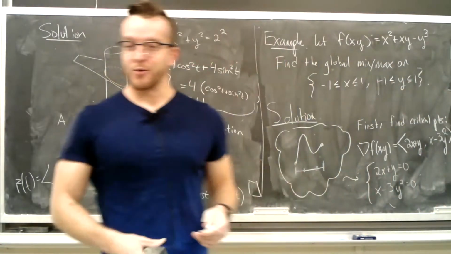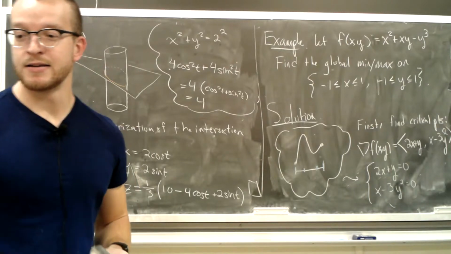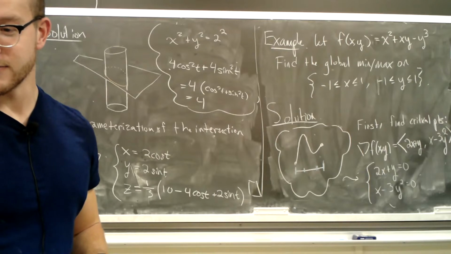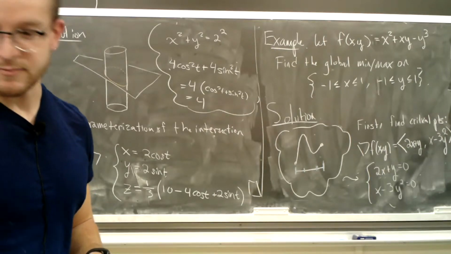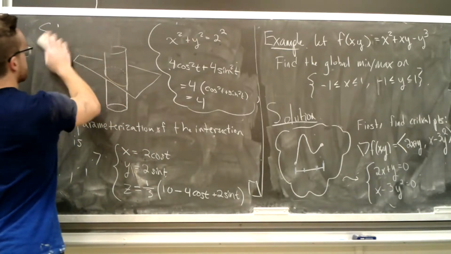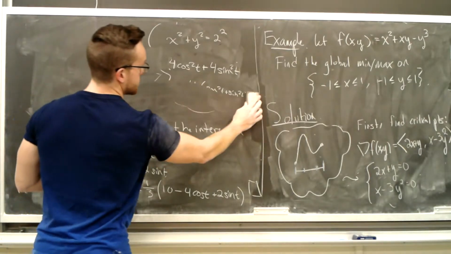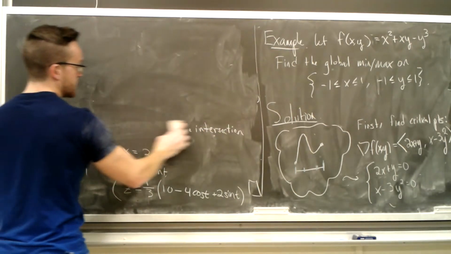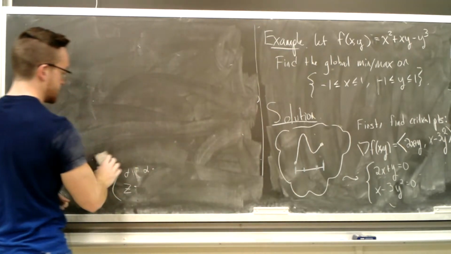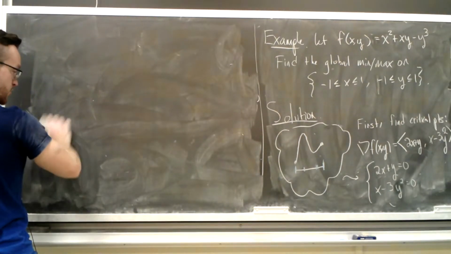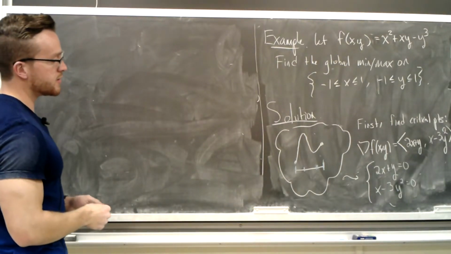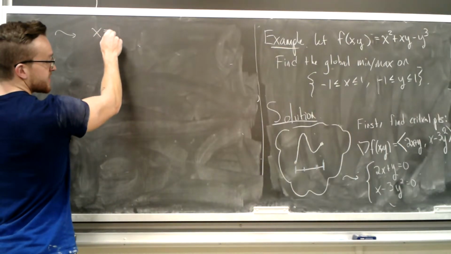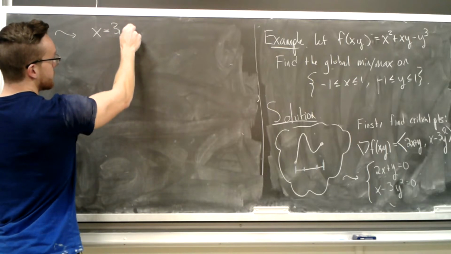Okay, so we've got more algebra to do. So what would I do? I would probably use the second equation to say x has to be 3y squared.